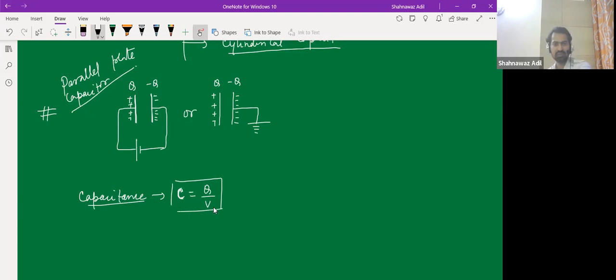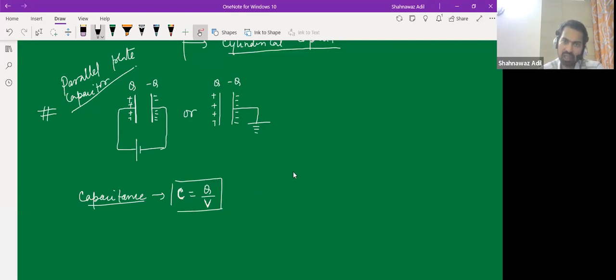Is this clear? So we need to calculate charge. We already know charge is Q, and we have to calculate the potential between these plates. So we'll have to find out what the potential is.